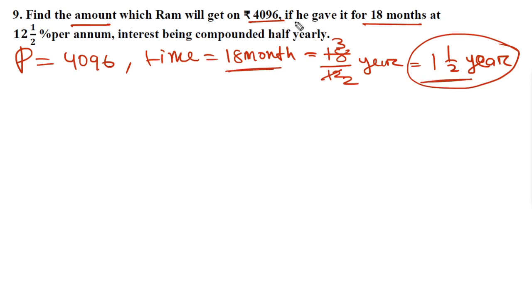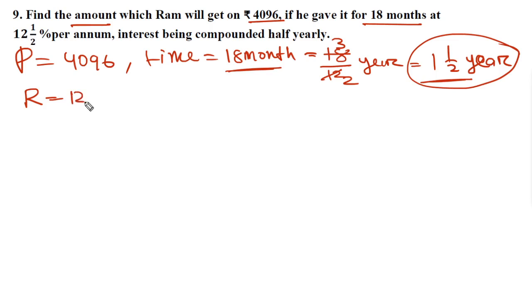Now we will move to the rate of interest. So here R will be equal to, you see it is compounding half yearly, R equal to 12 whole 1 by 2% per annum. So R for half yearly will be half of this 12 whole 1 by 2.